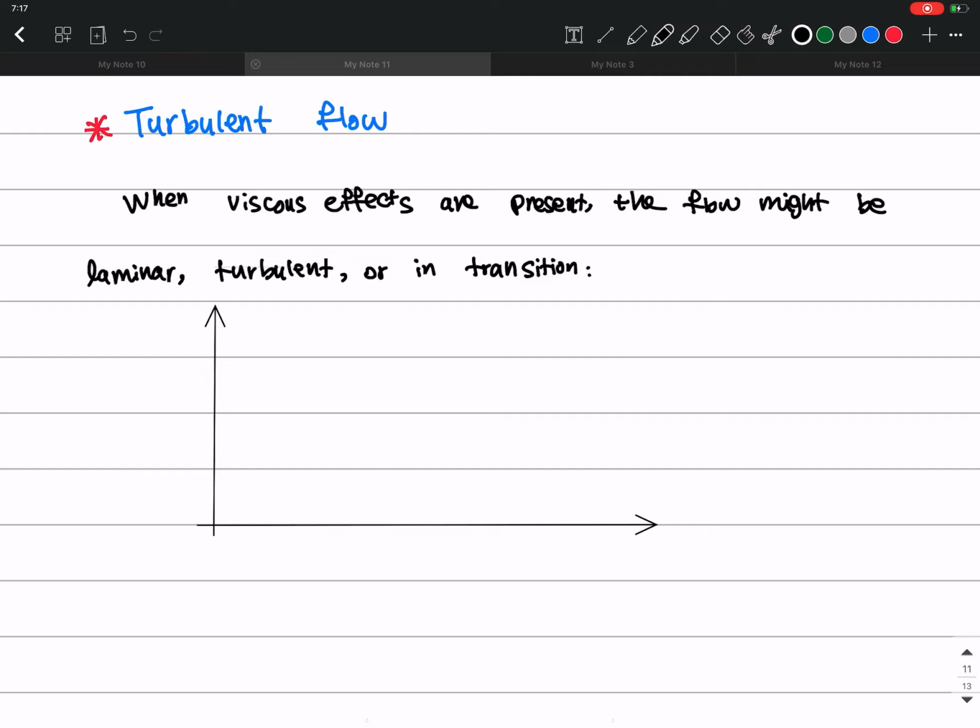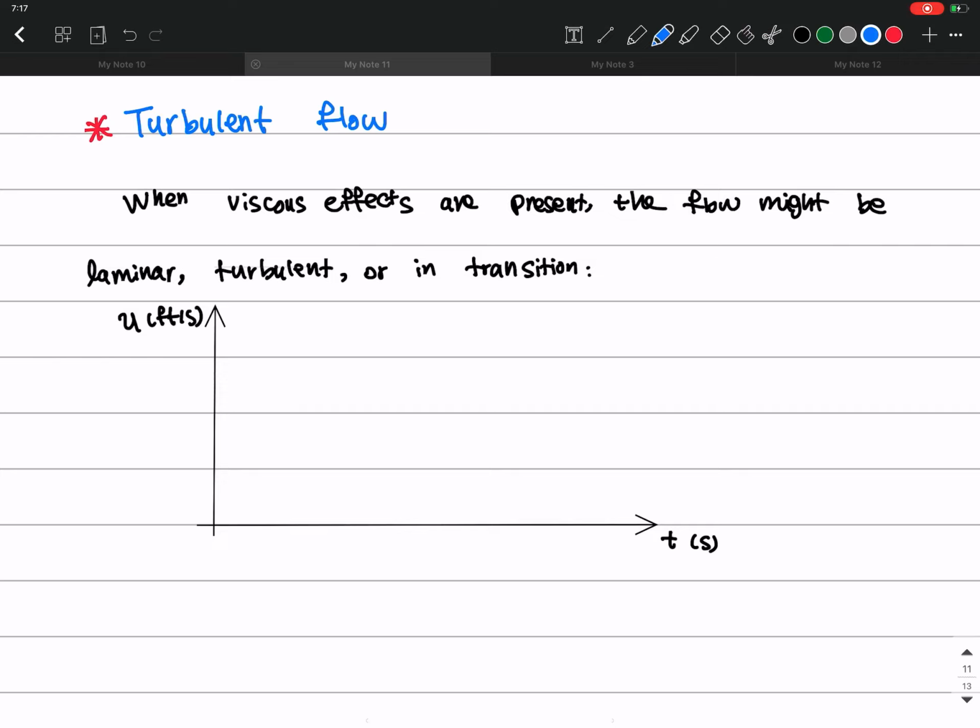So if you have U here, say U is in feet per second. And here we have t, which is in seconds. Okay. So in a laminar flow, U is kind of constant, it is not changing with time.